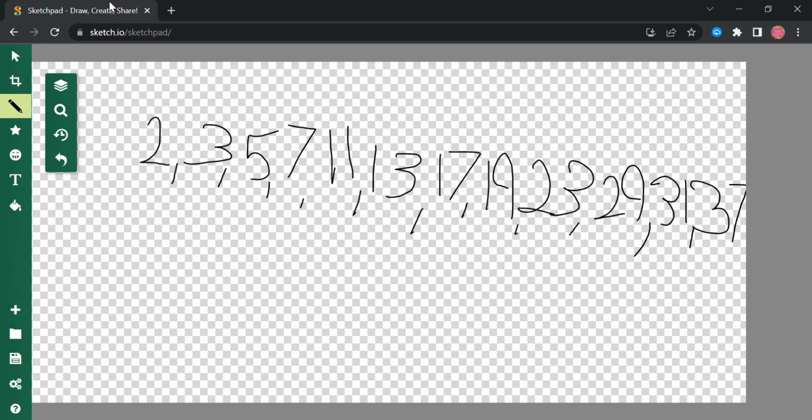They said that there will never be a case where there won't be primes that differ by 2. So from 2 to 3, you only have to add 1.